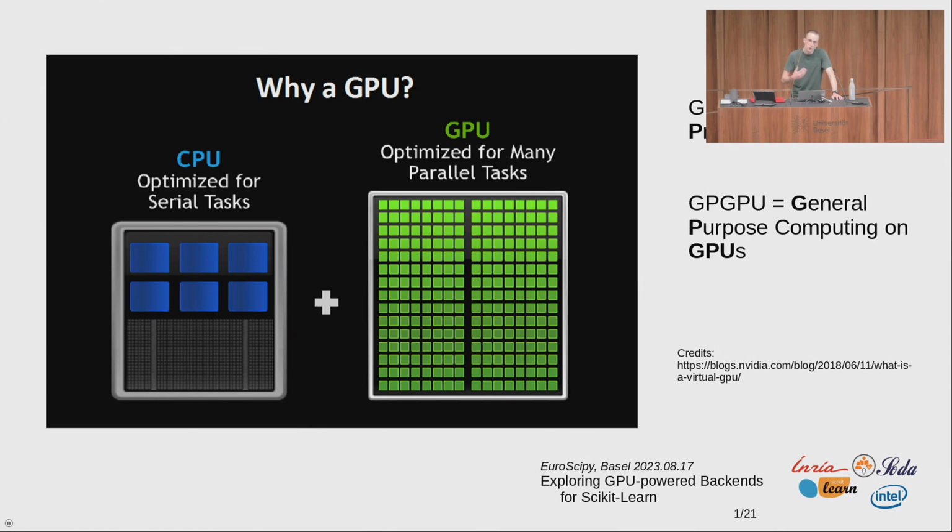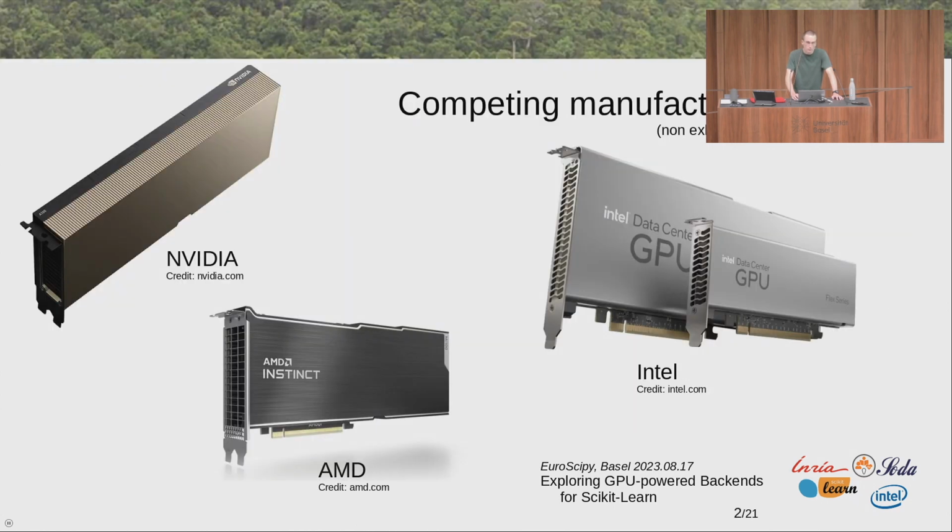And you also want the compute task to have some kind of homogeneity in how it accesses memory patterns and how it runs the instructions. So not all parallel loads are fitted for GPUs, but there are a lot in the scientific computing Python ecosystem that actually fit GPU architectures.